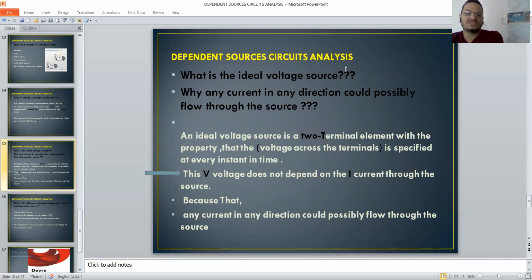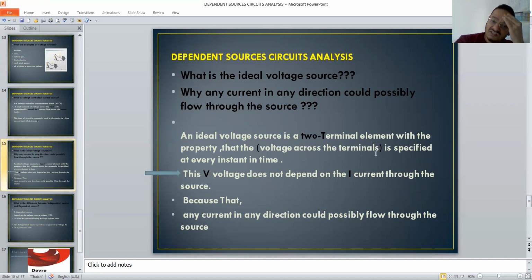An ideal voltage source is a two-terminal element, like a normal battery, with the property that the voltage across the terminals is specified at every instant in time.